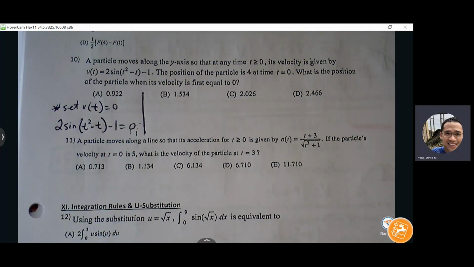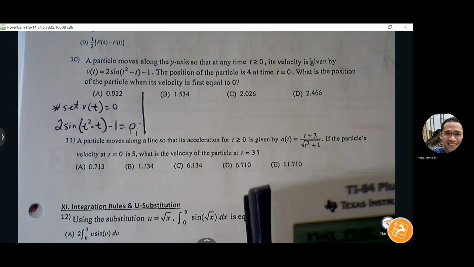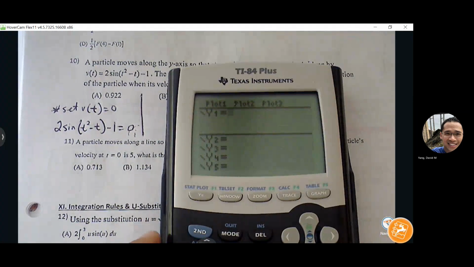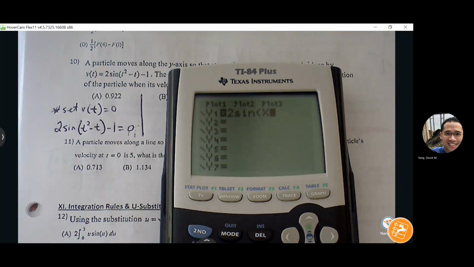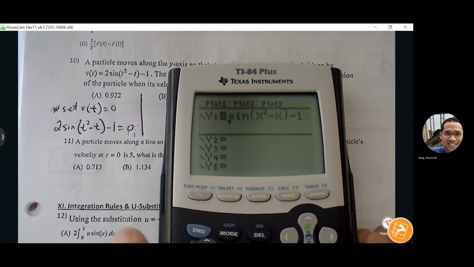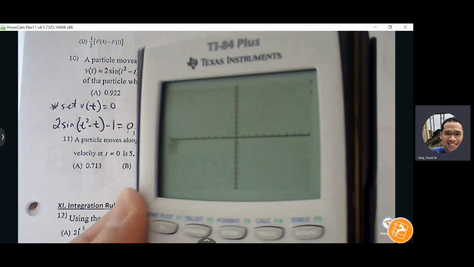So let's try that here. I'll go to y equals. I'll do zoom 6.